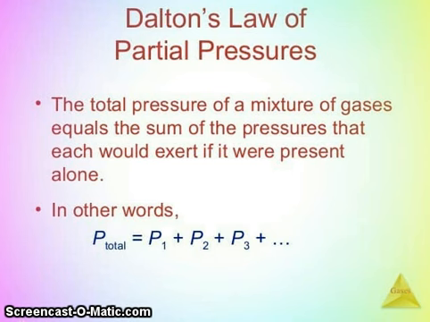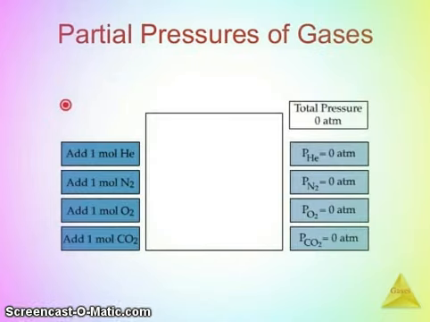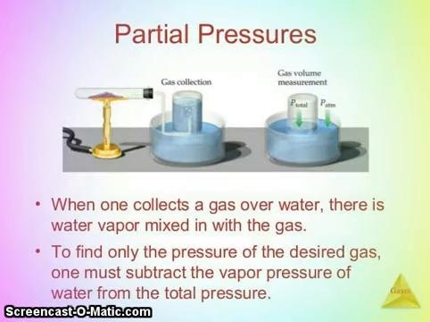The total pressure of a mixture of gases equals the sum of the pressures that each would exert if it were present alone. In other words, P total is equal to P1 plus P2 plus P3 and so on. So partial pressure of gas: when one collects a gas over water, there is water vapor mixed in with the gas.